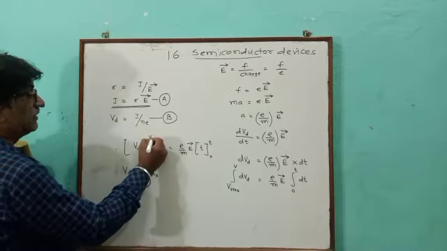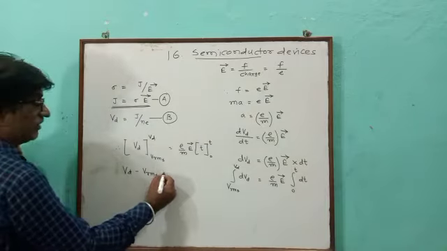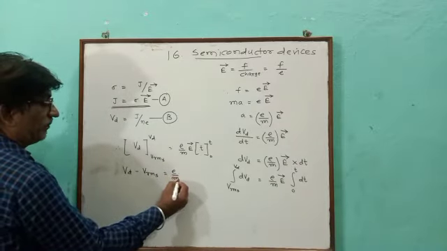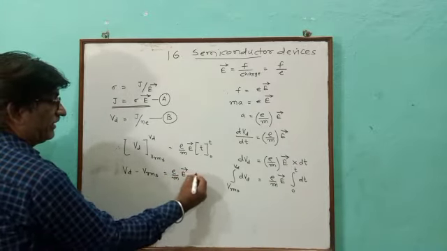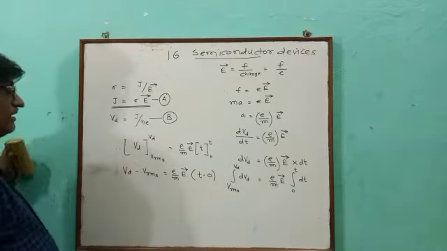So Vd minus v RMS, with the limit for drift velocity, is e upon m vector E times t minus 0.